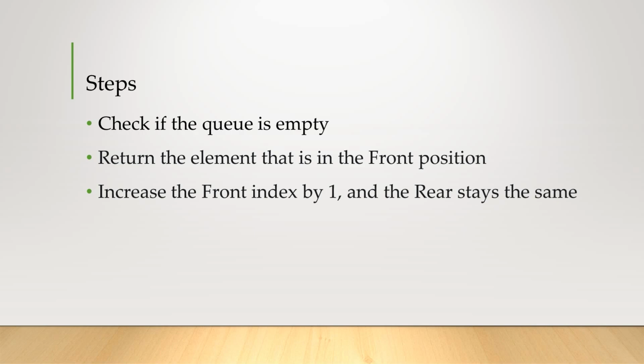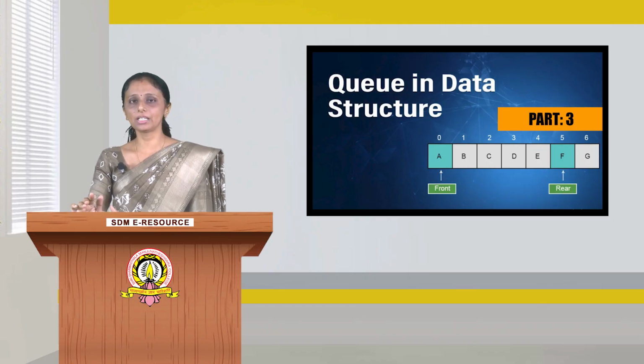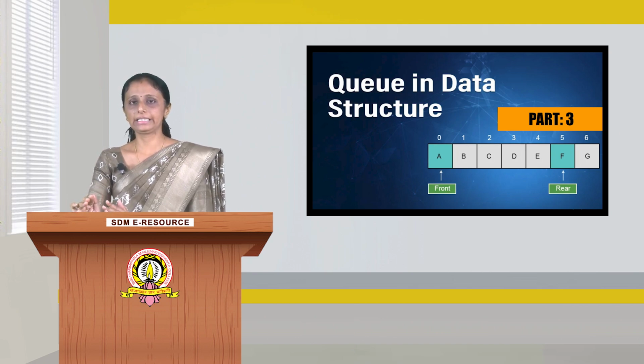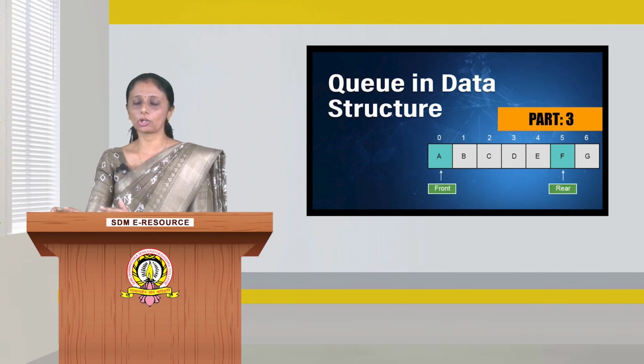If front and rear are at -1, then we can declare that the queue is empty. If it is not empty, deletion is always done through the front end. Access the frontmost element, delete it, and then increment the front pointer by 1. The rear end remains the same. These are the steps to follow when performing the deletion operation.